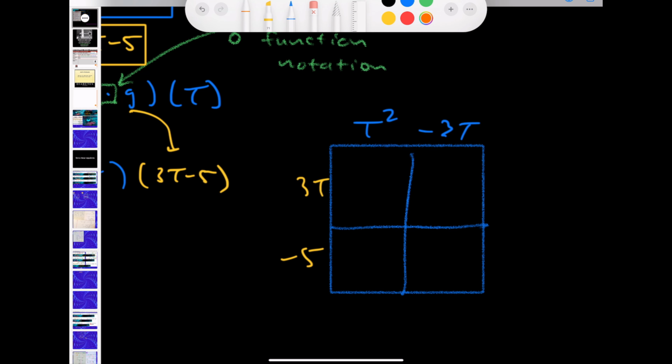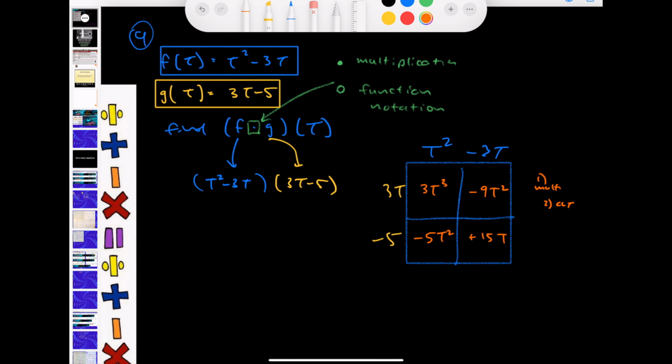So we're going to multiply, and then we're going to combine like terms. 3t to the third, negative 9t squared, minus 5t, plus 15t. These two are like terms, so my answer is going to be 3t cubed, minus 14t squared, plus 15t.